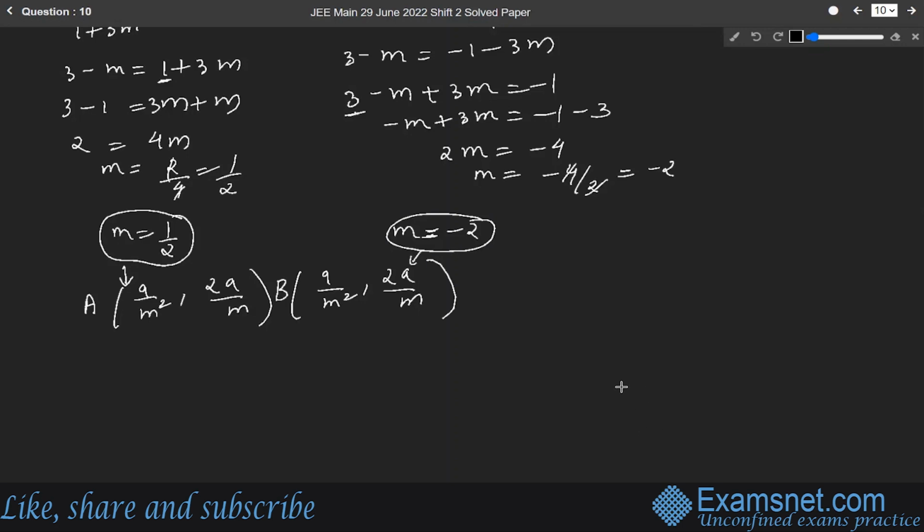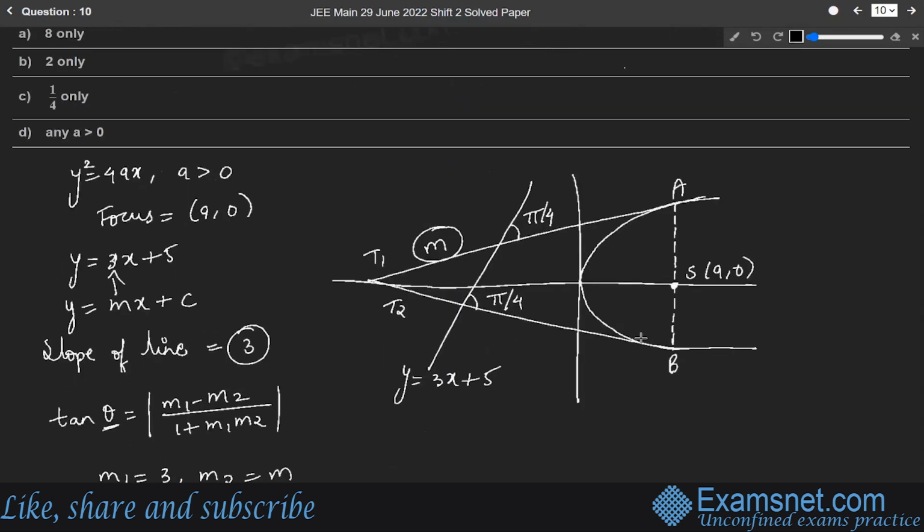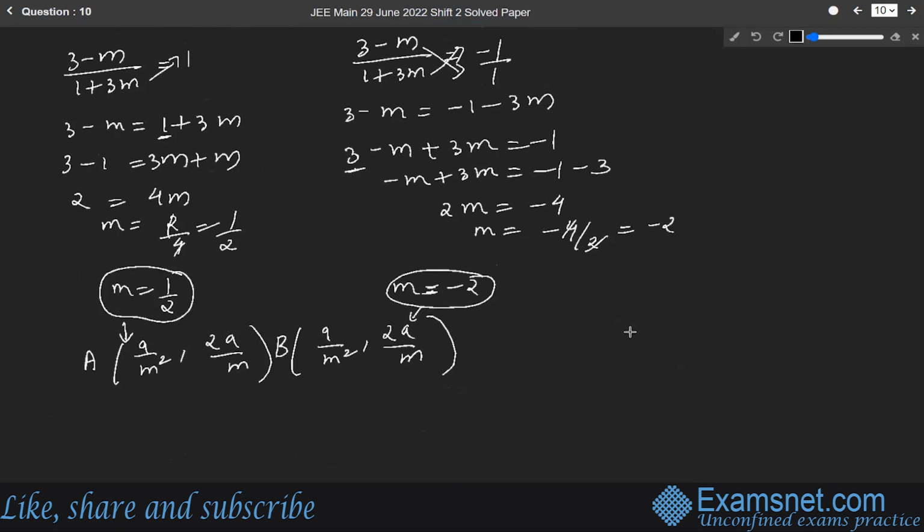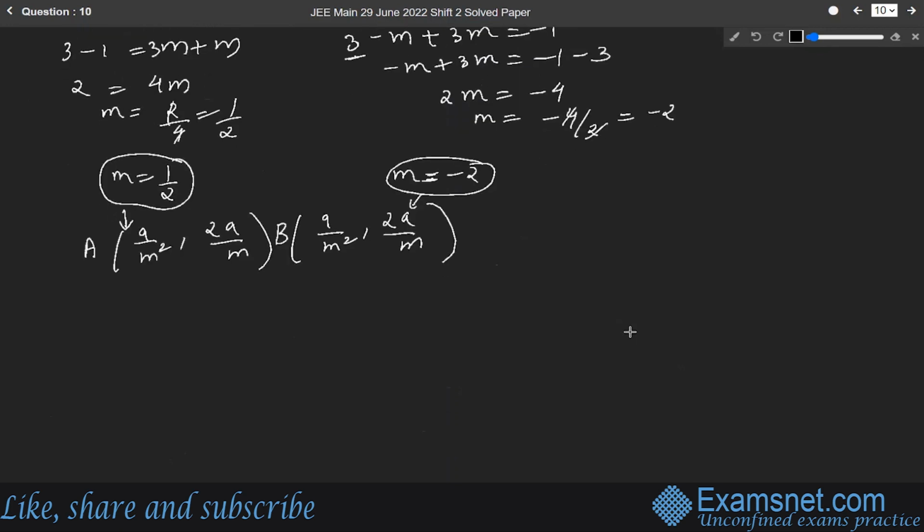The tangents are touching at points A and B, and we know that slopes are for both the tangents. That is why we are substituting one value of m in A and another value of m in B. So when we substitute m is equal to 1 by 2 here, we have a upon m square. What will be m square? 1 by 4. So a divided by 1 by 4 is 4a, comma 2a divided by m. M is 1 by 2, so here also 2 into 2a will be 4a.